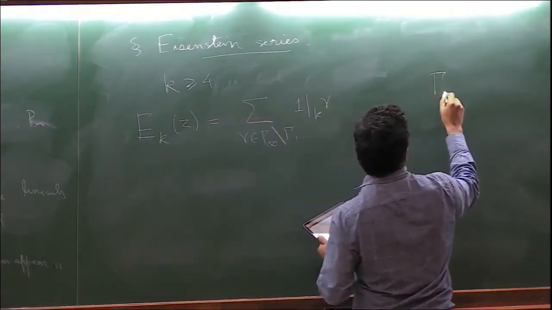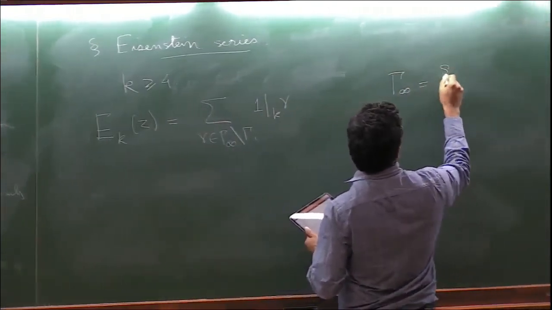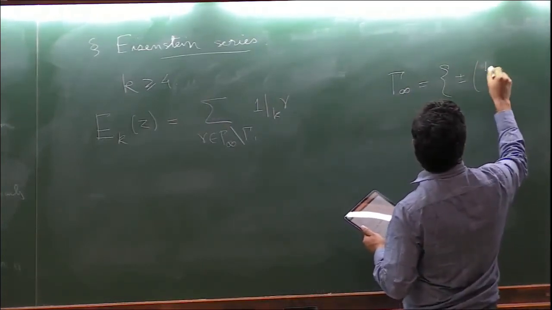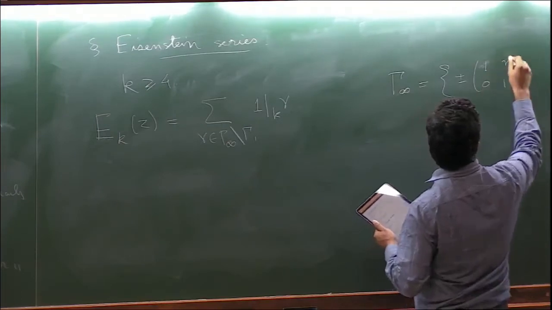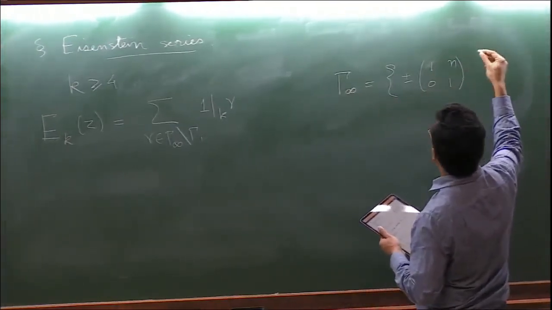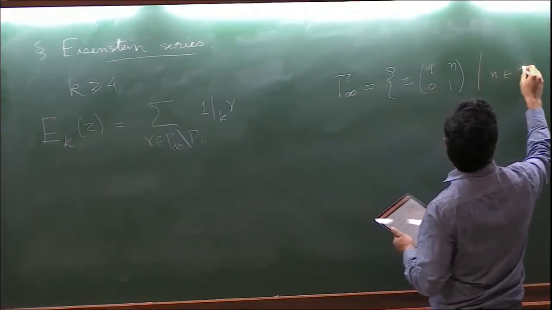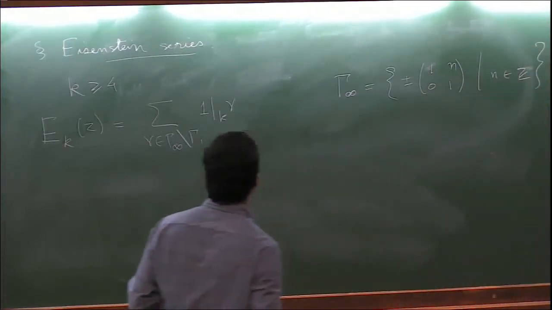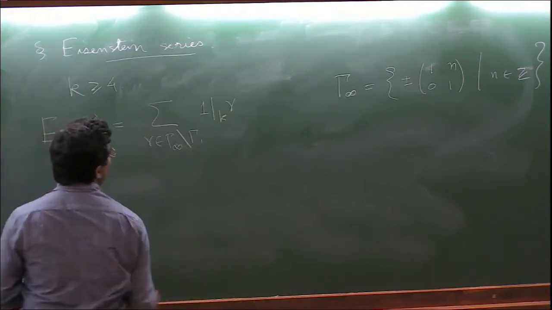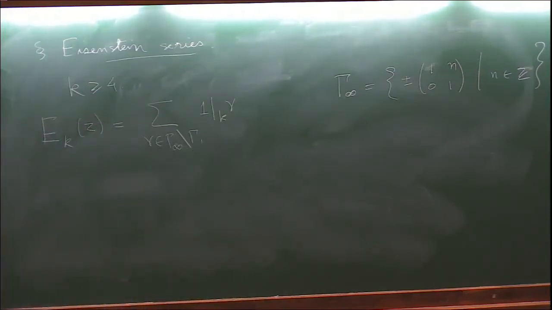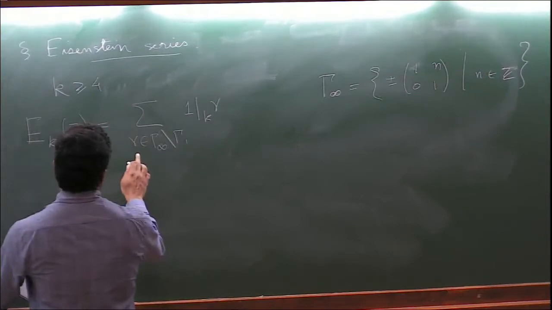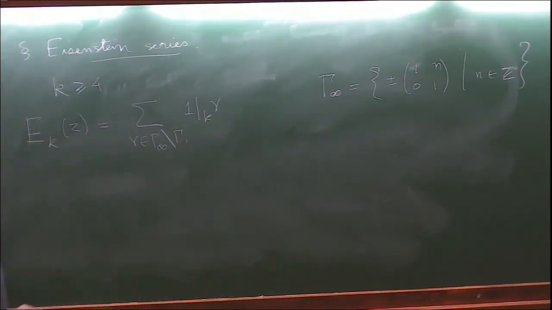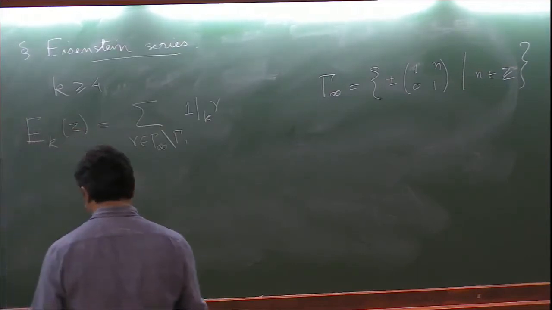So here gamma infinity is plus minus (1 n; 0 1), which is a subgroup of gamma 1. And then I take this infinite sum, and you can work out what it is.